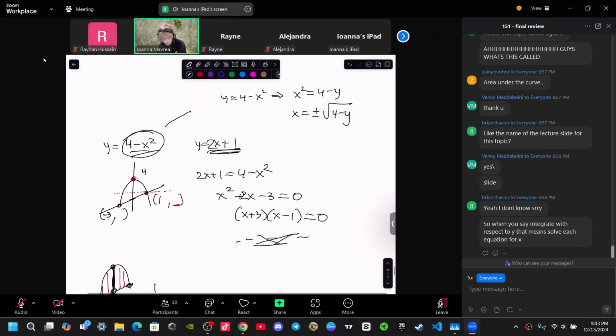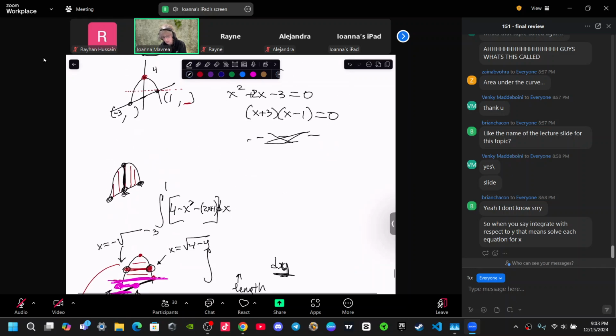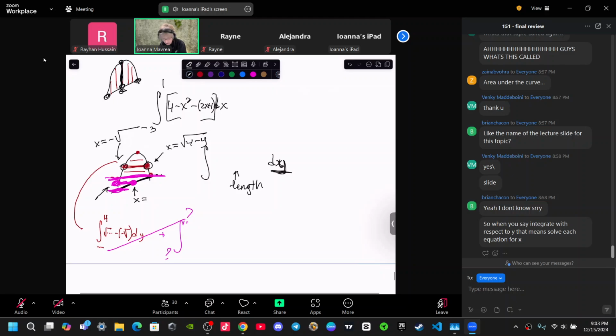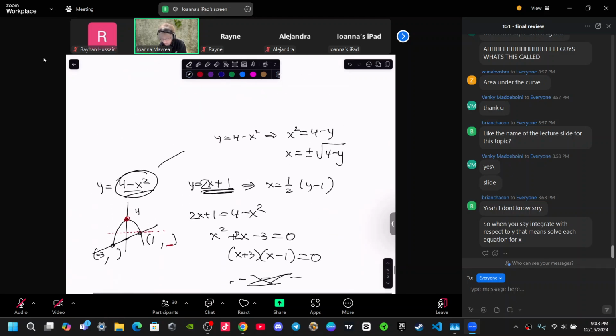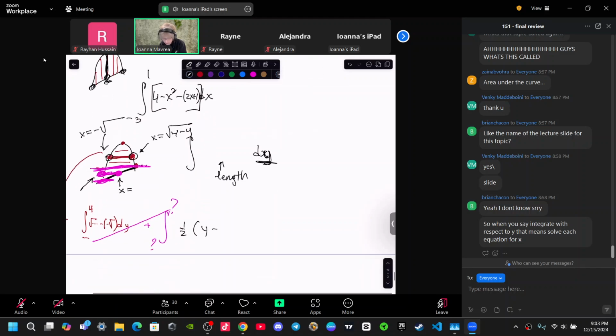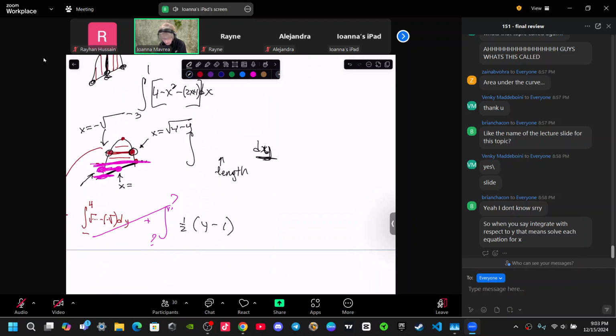So you go to the line and solve for x, right? So x is equal to 1/2 y minus 1. That's the large x, the one on the right. So you take the large x, which is 1/2 y plus 1 minus 1 minus 1, and subtract the small x. Small x is on the parabola, and that was the negative one.